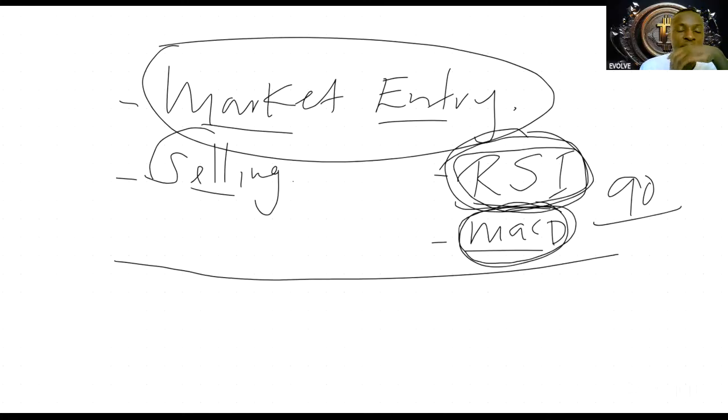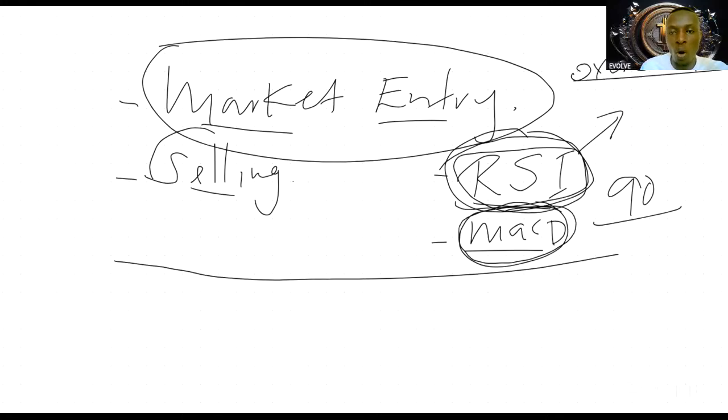Did you copy now? When the sellers are overselling, it means this indicator is going to show that the market is in what we call an oversold state. People have oversold their assets. There are so many on the market. So this is time for you to buy.